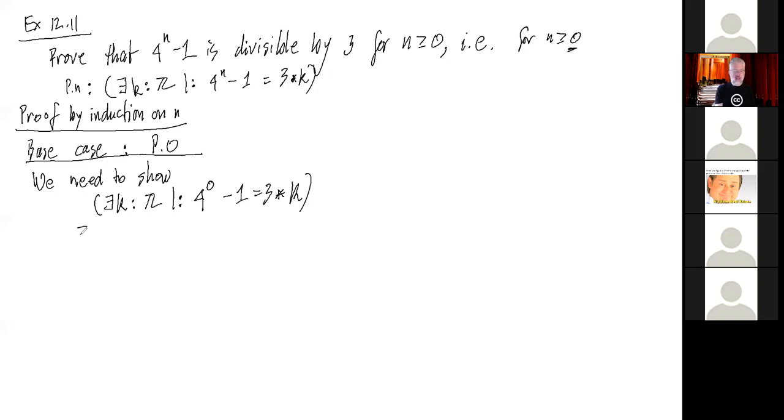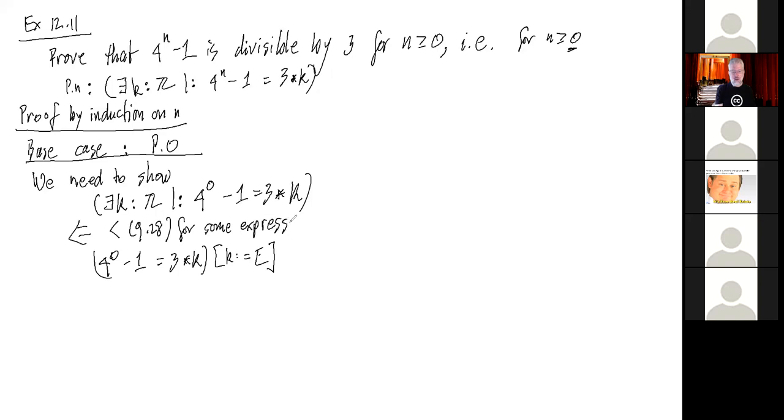So by exists introduction, which is 9.28, this is true if we know that 4 to the 0 minus 1 equals 3 times K is true where K is replaced with some expression E.